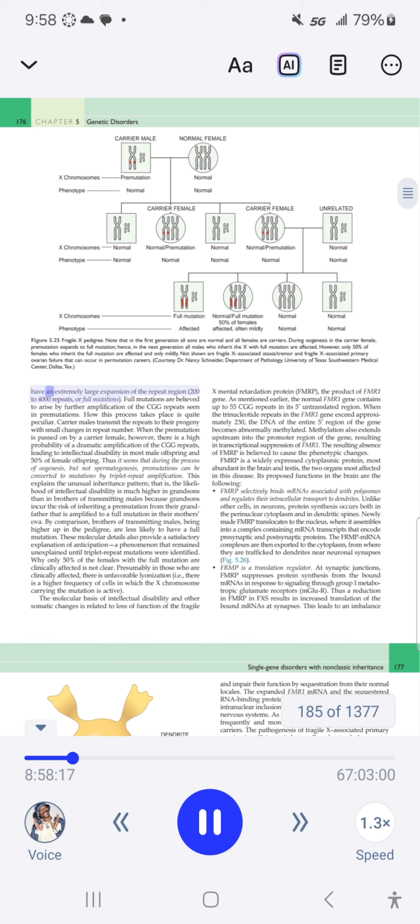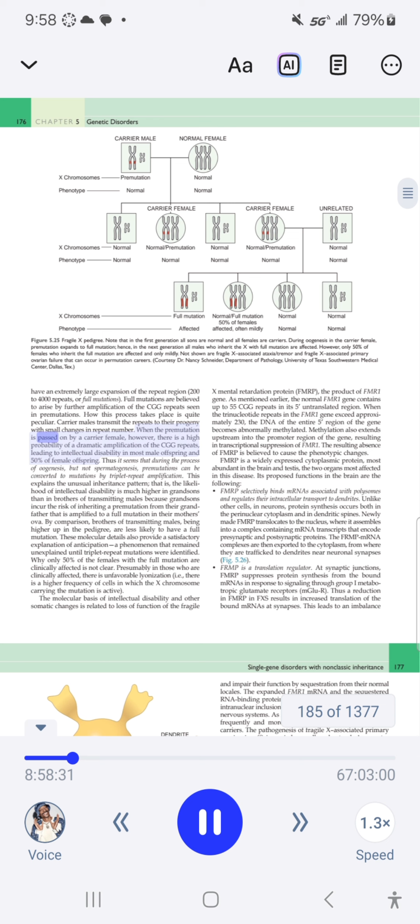have an extremely large expansion of the repeat region, 200 to 4,000 repeats, or full mutations. Full mutations are believed to arise by further amplification of the CGG repeats seen in premutations. How this process takes place is quite peculiar. Carrier males transmit the repeats to their progeny with small changes in repeat number.